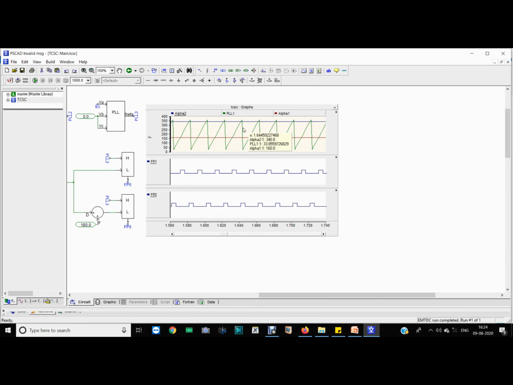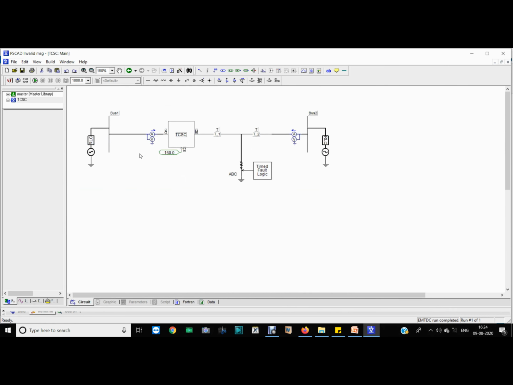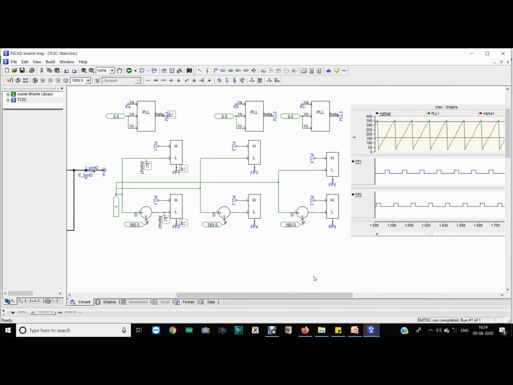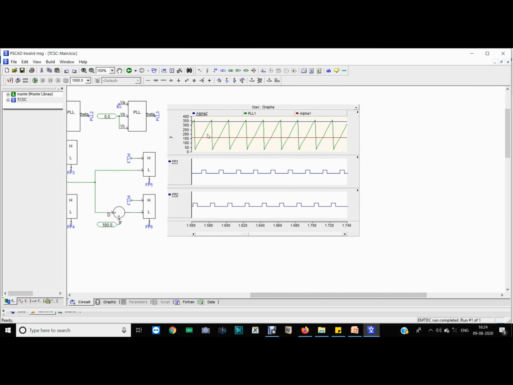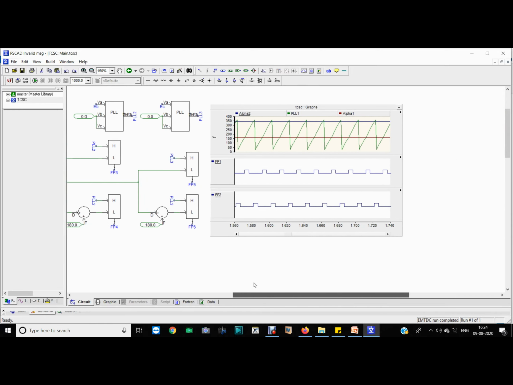PLL output means ramp signal, and it varies between 0 to 360 degree. And alpha 1, what we have given, is 160 degree. So this red one is your alpha 1. 160 degree plus 180 degree, how much? 340 degree. So this blue line will be your alpha 2. So this is 340 degree.